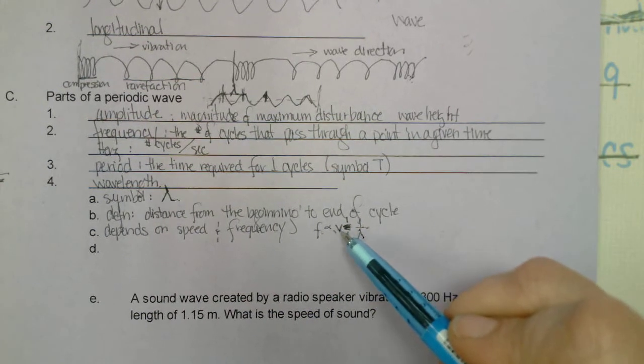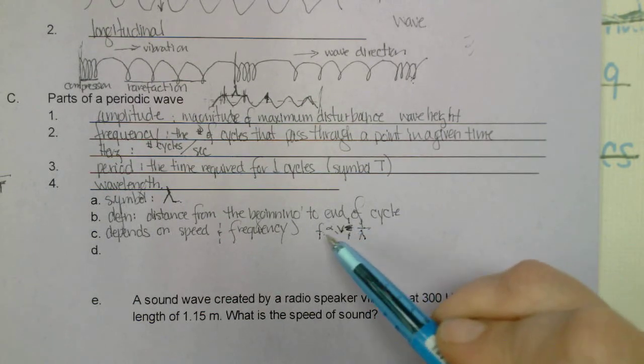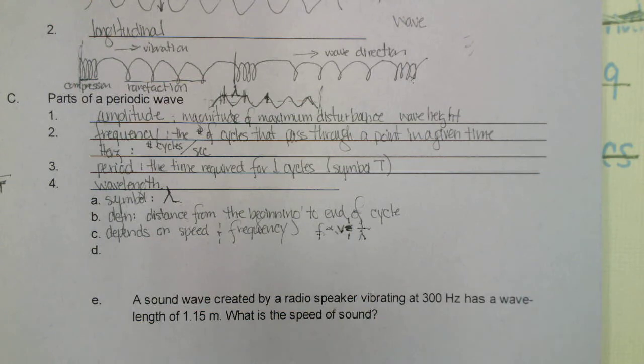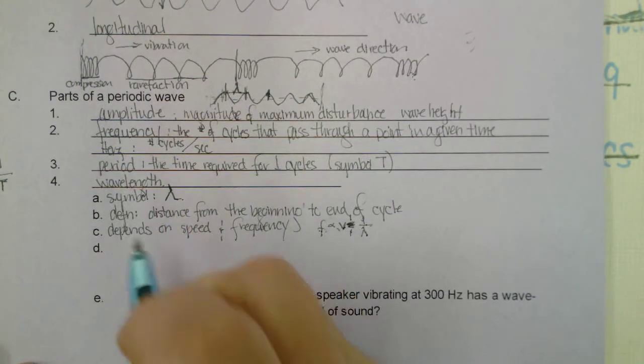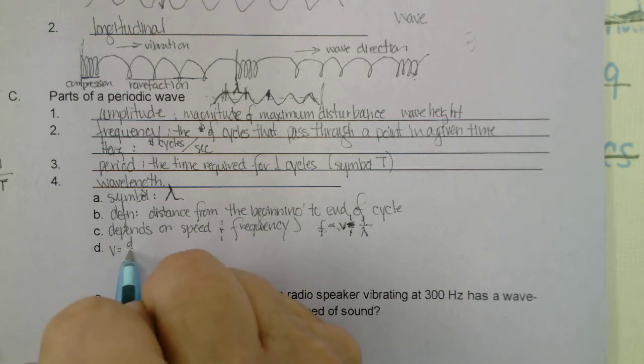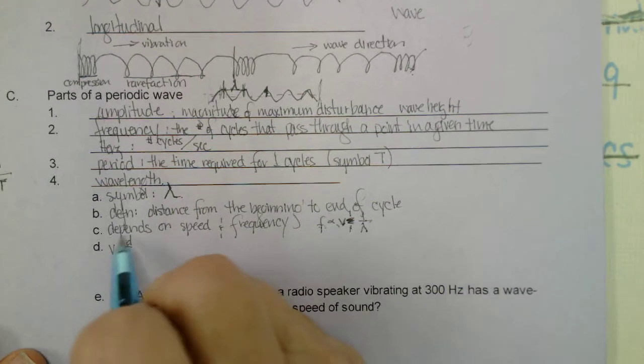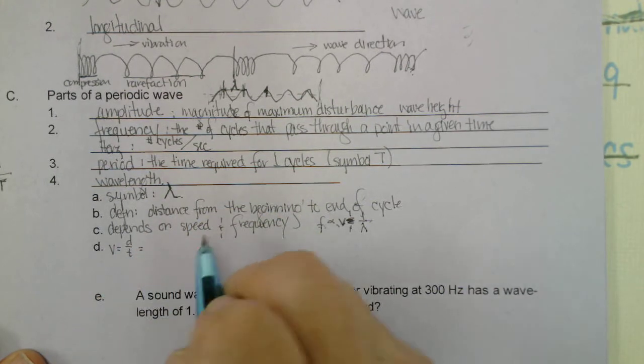As speed increases, frequency increases. So if that's the case, let's break this down. V is equal to d over t. But we've redefined the distance as the wavelength.